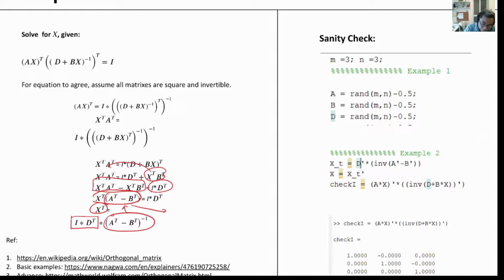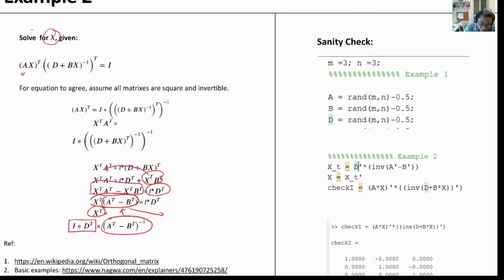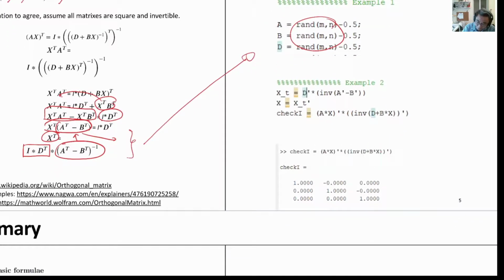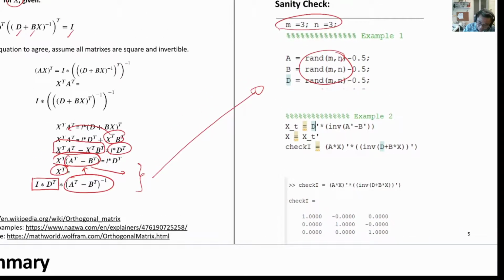So the question was to solve for X. Basically, we are given A, D, B, and I. To see that we have gotten the correct expression, let us write some Matlab code, and again, let's create simple 3 by 3 random matrices, and then we proceed to find this equation.